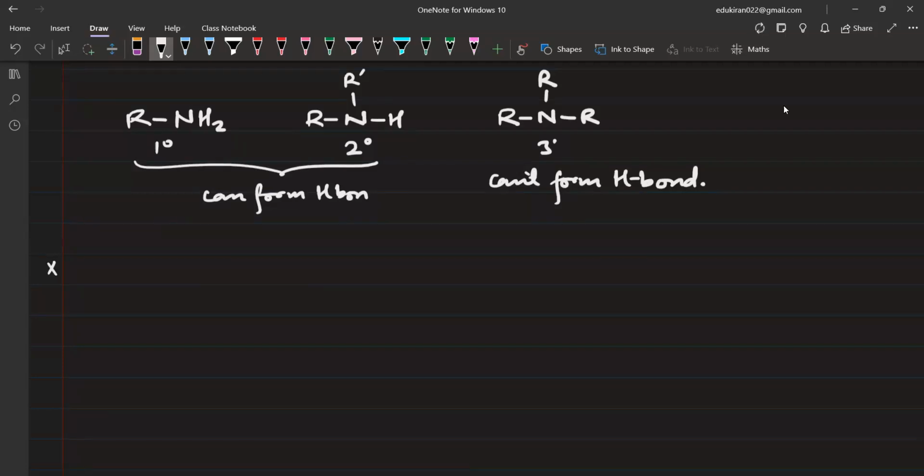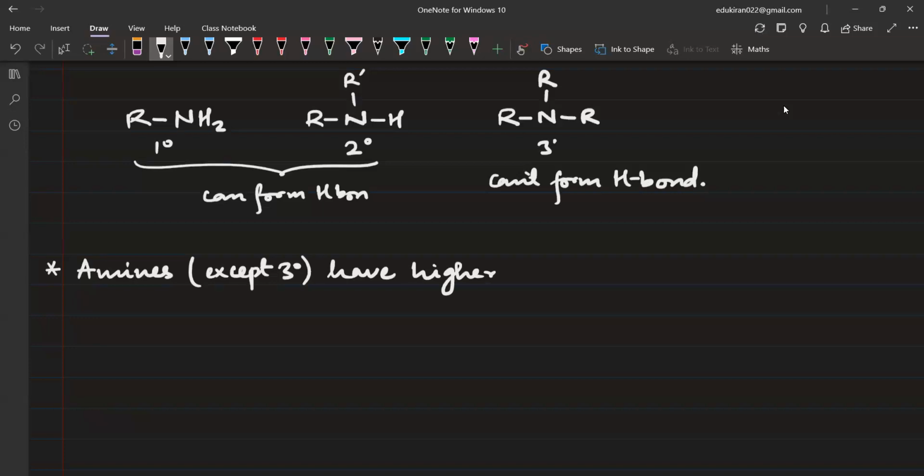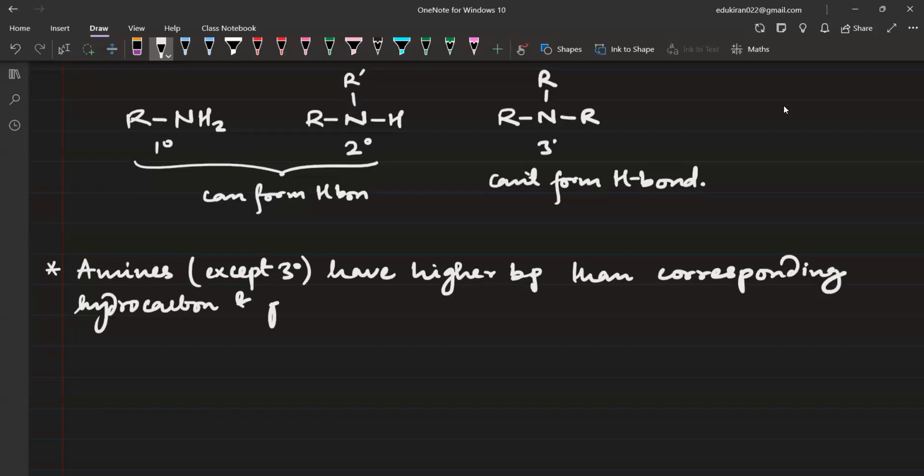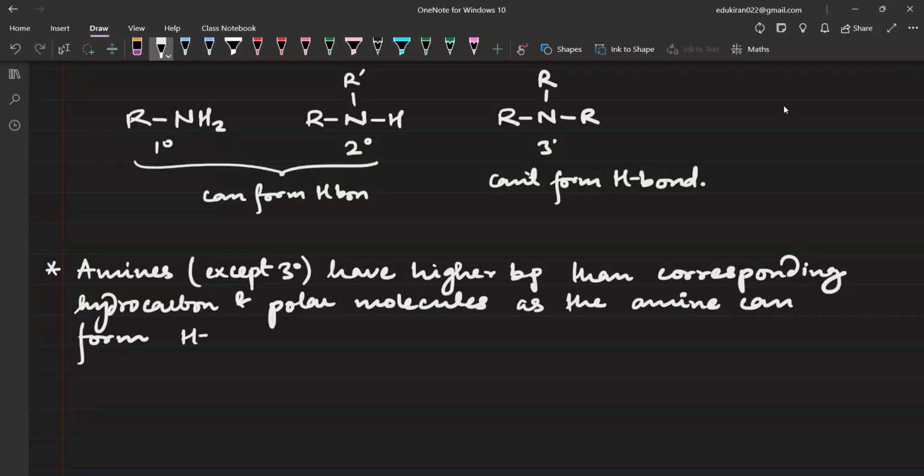Okay, first of all you write what? Amines except 3 degree have higher boiling points than corresponding hydrocarbon and polar molecules, as the amines can form hydrogen bonds.